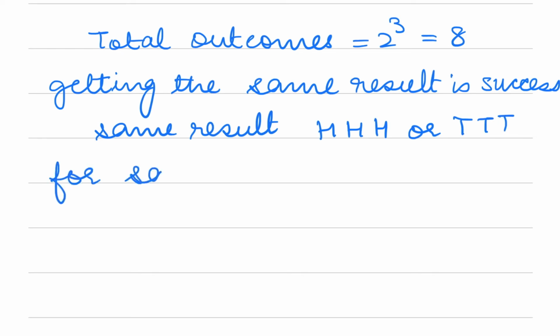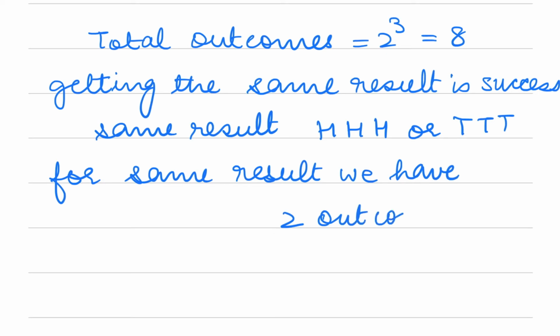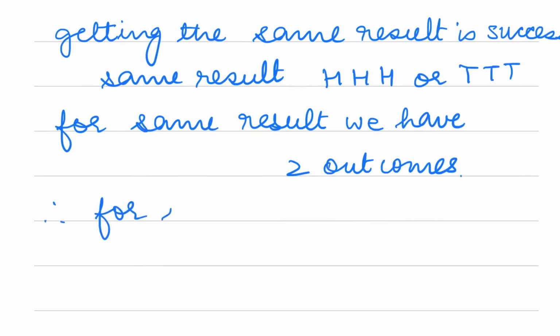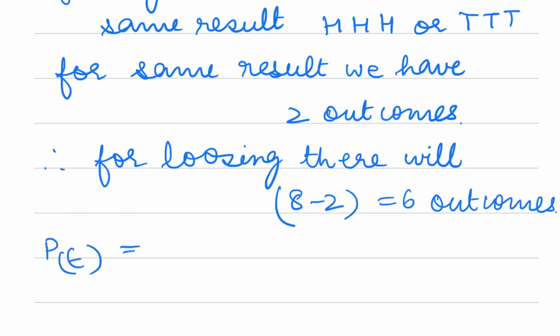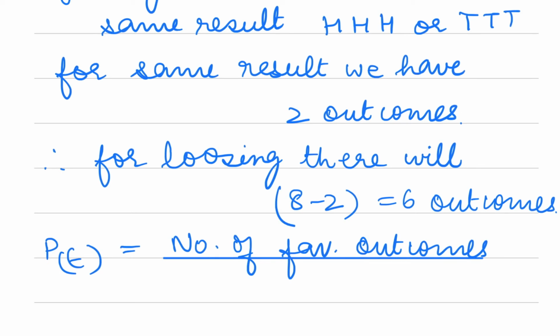So the result is same in all the 3. For same result we have 2 outcomes. For losing, there will be 8 minus 2 is equal to 6 outcomes. Probability of an event is number of favorable outcomes divided by total number of outcomes.